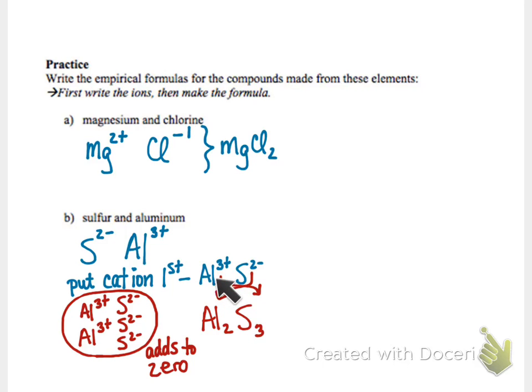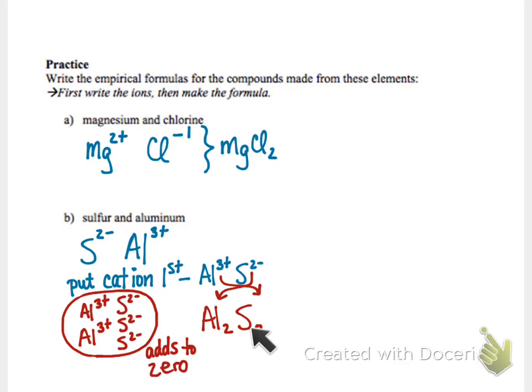Put aluminum first with its +3 and sulfur with a -2. If we crisscross, the 3 is going to be the subscript on sulfur. The 2 is going to be the subscript on aluminum. So you get Al2S3, and that is the formula.